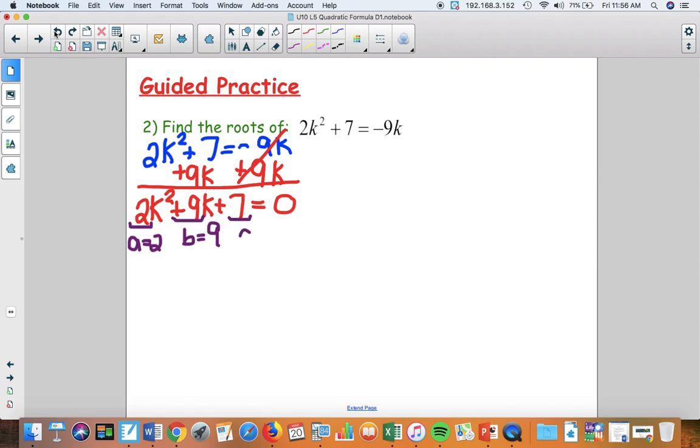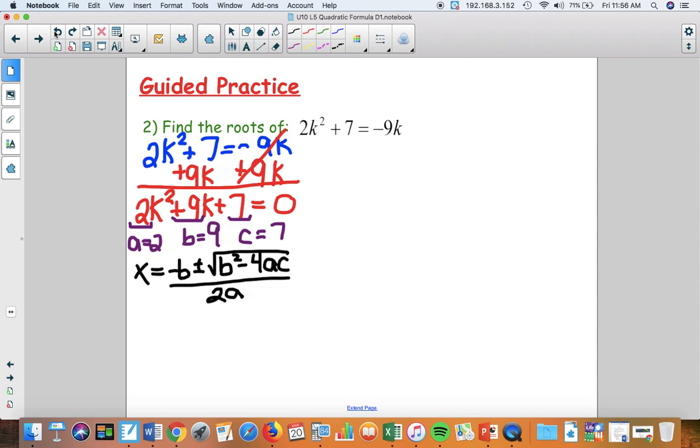And C is the constant, so C equals 7. Always start by just writing the quadratic formula. So x equals -b plus or minus the square root of b squared minus 4ac all over 2a.